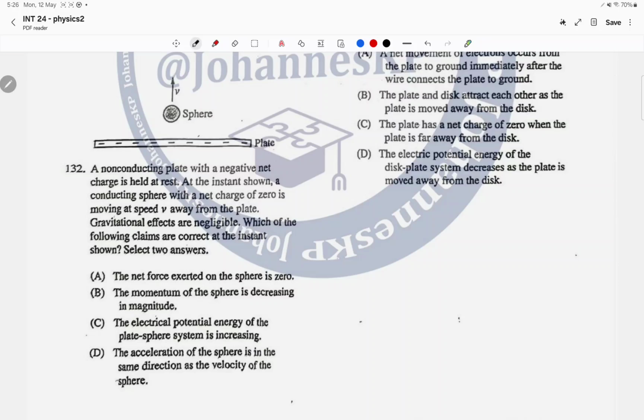A conducting sphere with a net charge of 0 is moving at a speed of v away from the plate. So look, what's the charge on this sphere? Negative. Otherwise, how is it getting repelled, right? Common sense. So it's feeling a force. Yes. So is that force 0? No.